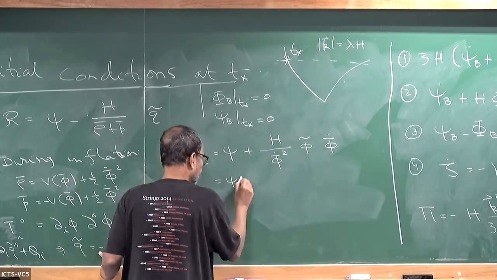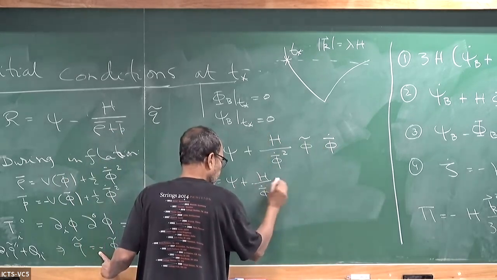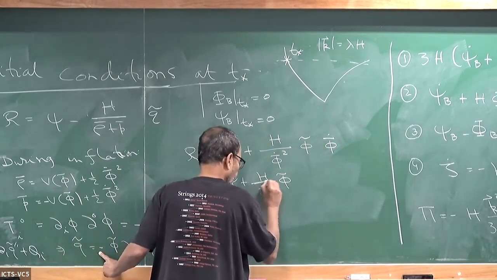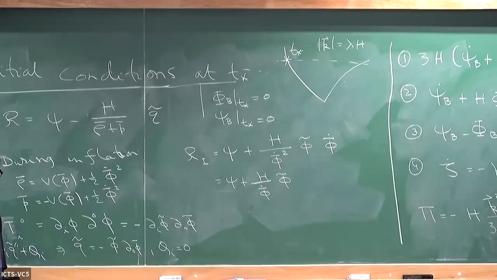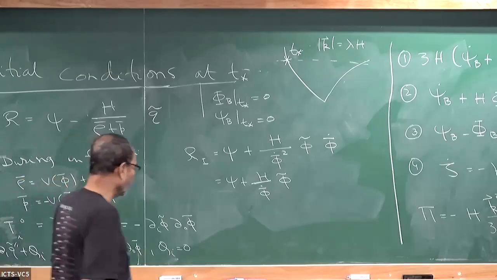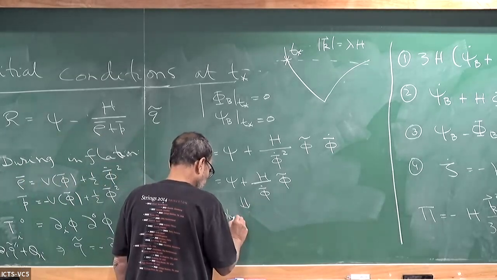So this is psi plus H over phi bar dot times phi tilde. And now if you look at your notes, this is exactly the same as what we call R.